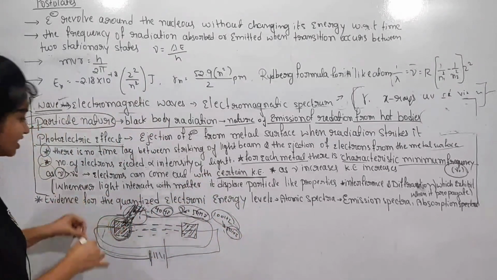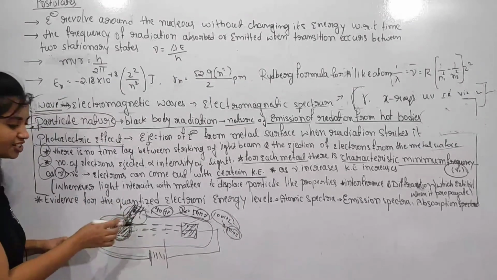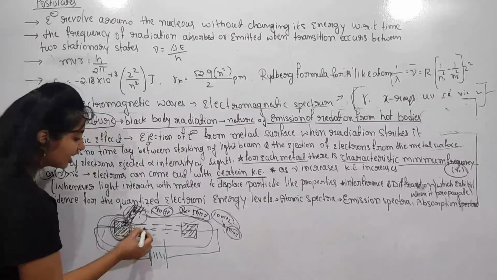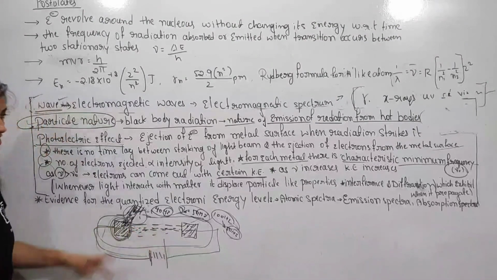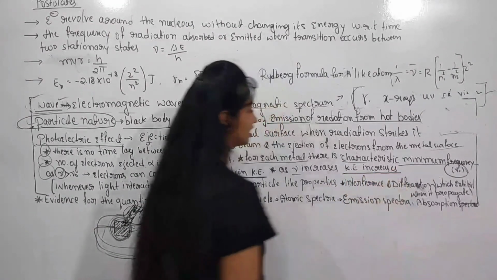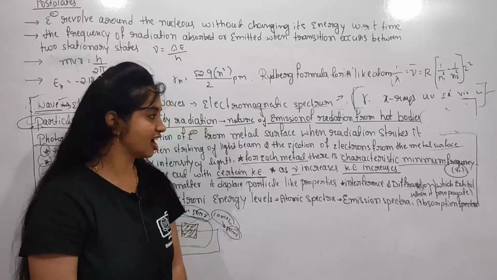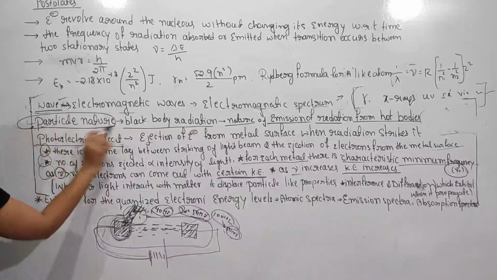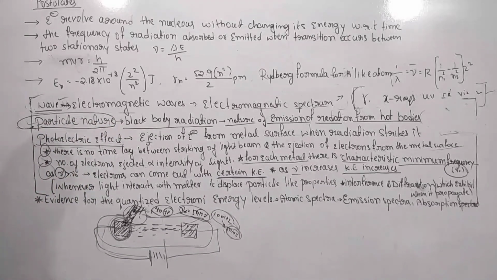The higher the frequency of the electromagnetic radiation we apply, the higher the kinetic energy of electrons we get. As mu increases, kinetic energy of electrons also increases. With the help of these results, we conclude the particle nature of electromagnetic radiation.